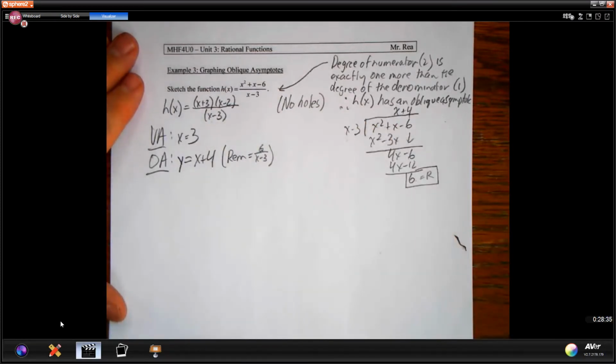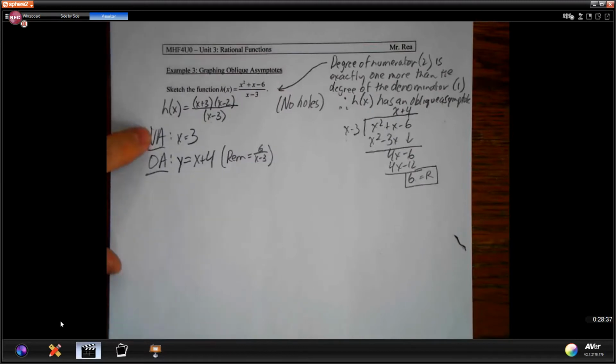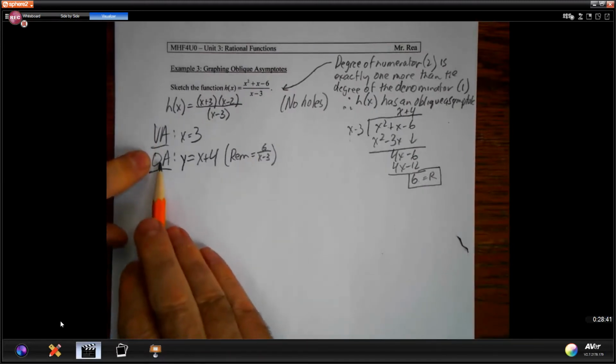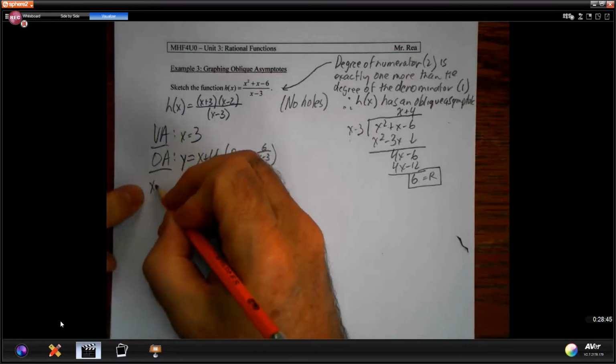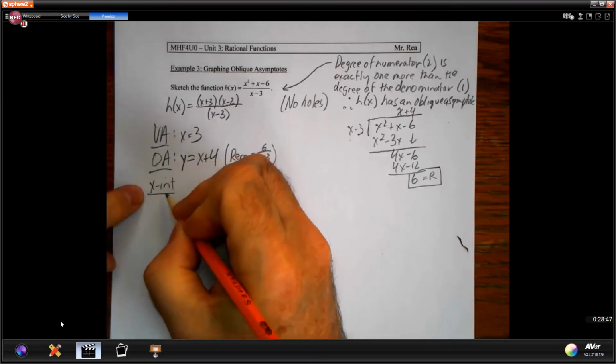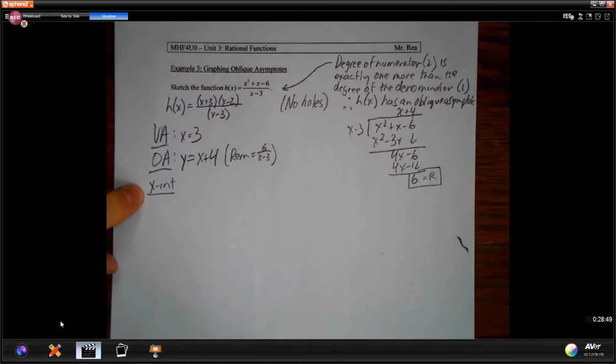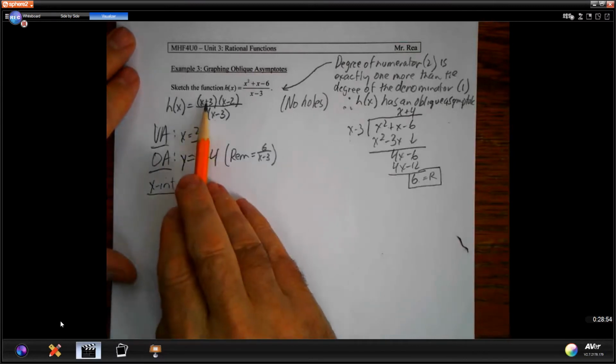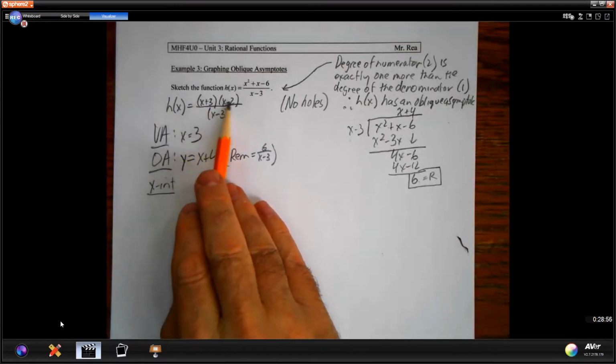Okay, now we continue on. So we've got the vertical asymptote and the oblique asymptote. Since there's an oblique, there's definitely no horizontal. And then we'll look at x-intercepts. So x-intercepts are where the numerator is going to be 0.